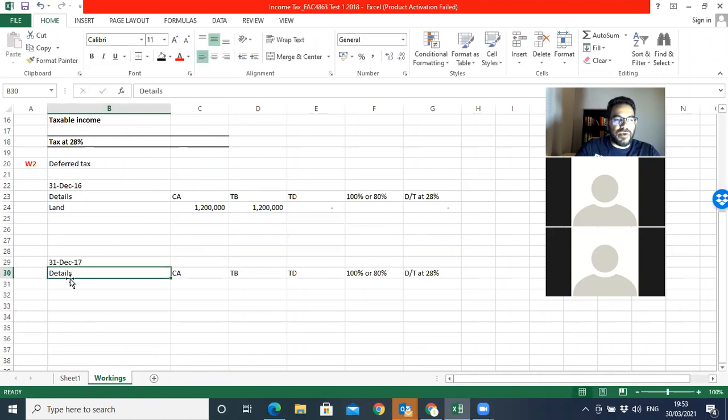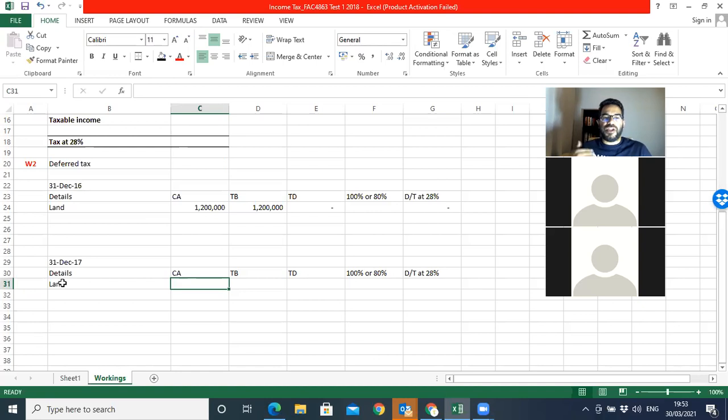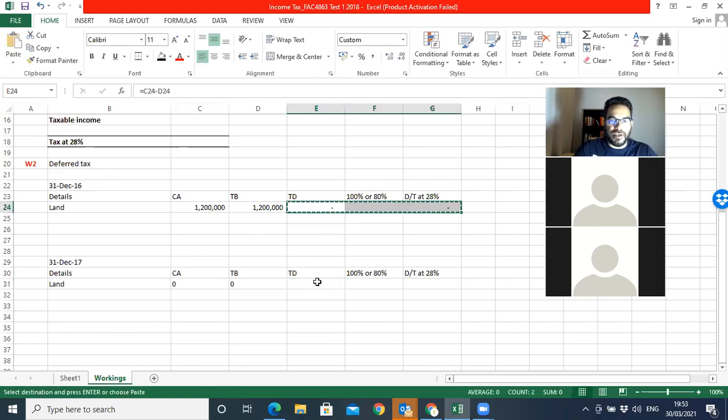For that date we also have land. But remember, they sold the land on 1 January 2017. So at 31 December 2017, there is no land. The carrying amount is 0. The tax base must also be 0, but there's nothing. So by applying the same formula over here, we have nothing. Okay, that is fine.